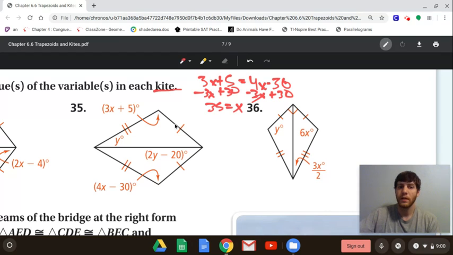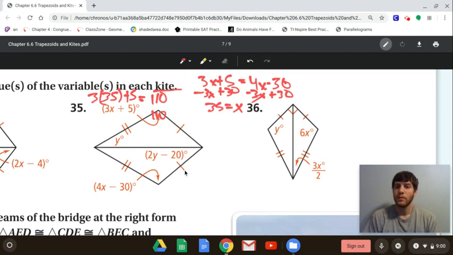We know that 3 times 35 plus 5 here, right, that's going to give us 3 times 35. So that's going to be 105 plus 5 is 110. Right? 105 plus 5 gives us 110. So we know that this angle here, the 3x plus 5, is 110.